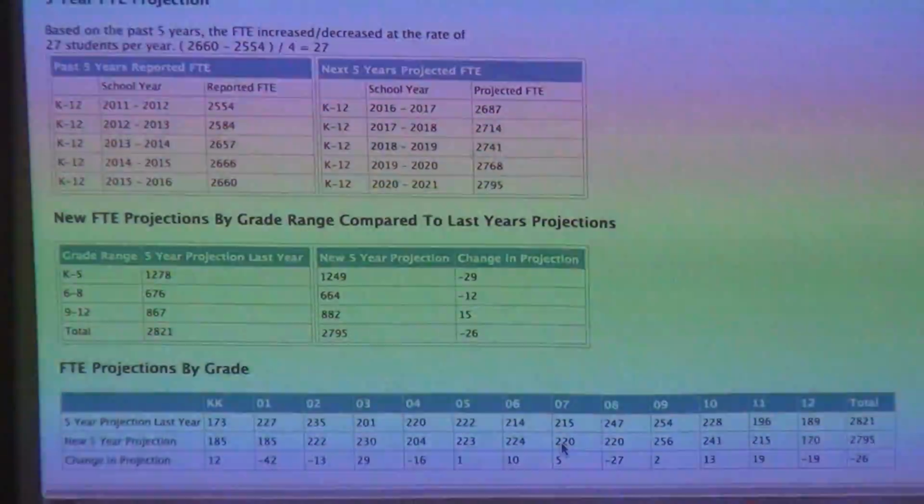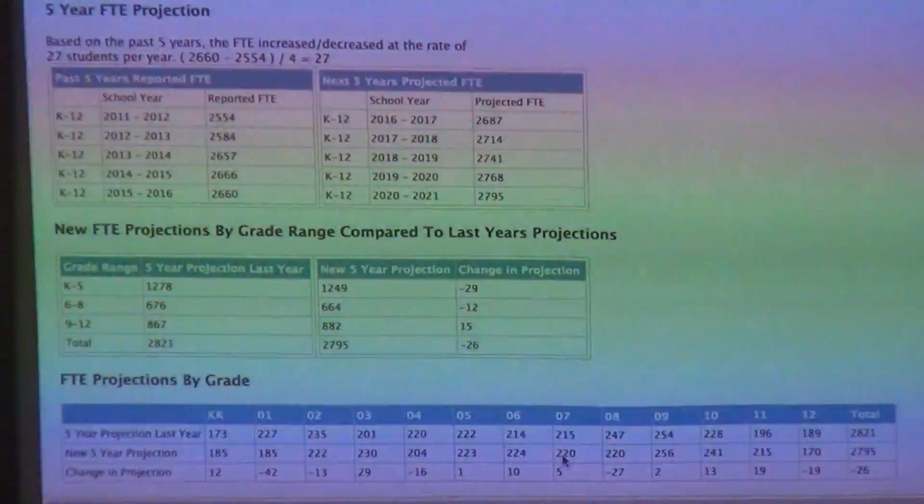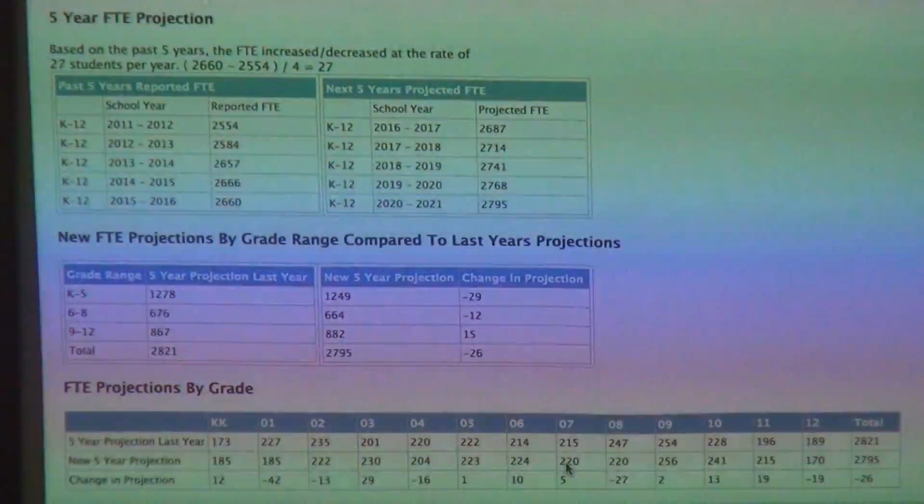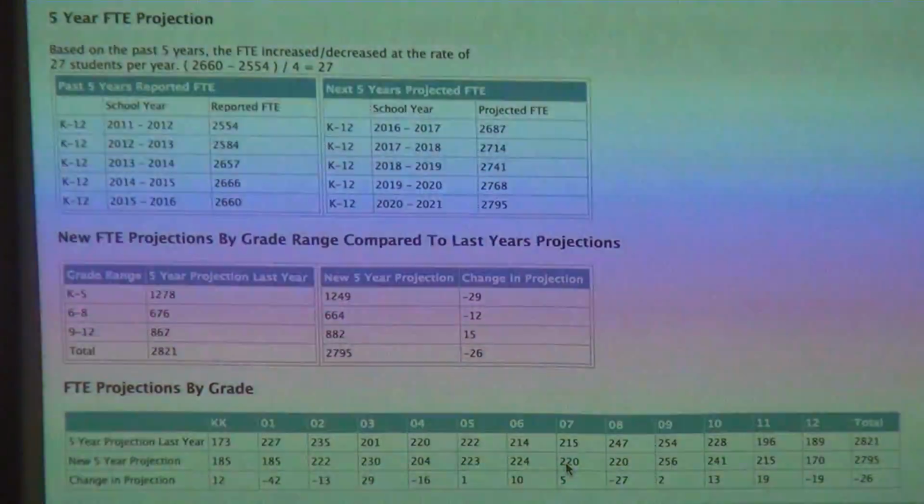Now remember, FTE is not a warm body count. Does that make sense? You were aware of that. FTEs are weighted students. I think a student that has a weight of 1 is like a kid taking regular classes in 8th grade or 9th grade? I think it's 8th grade.